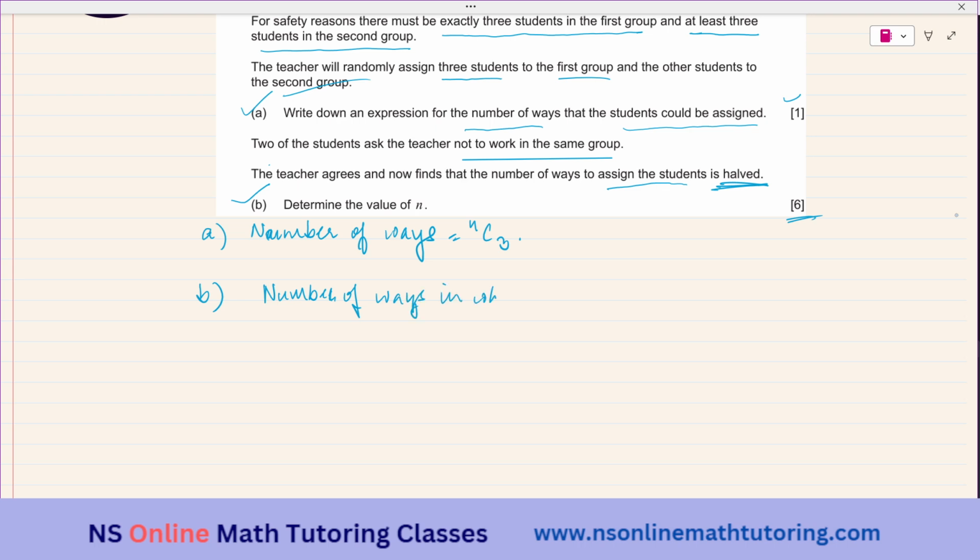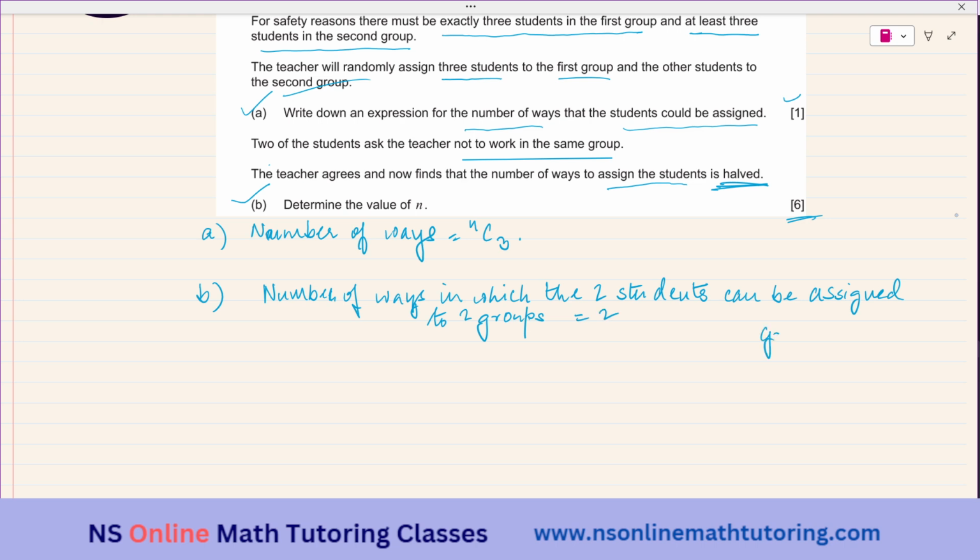Number of ways in which the 2 students can be assigned to 2 groups is equal to 2.